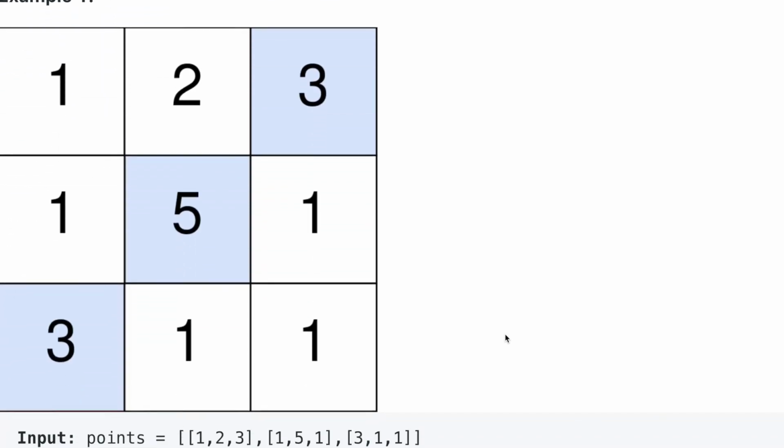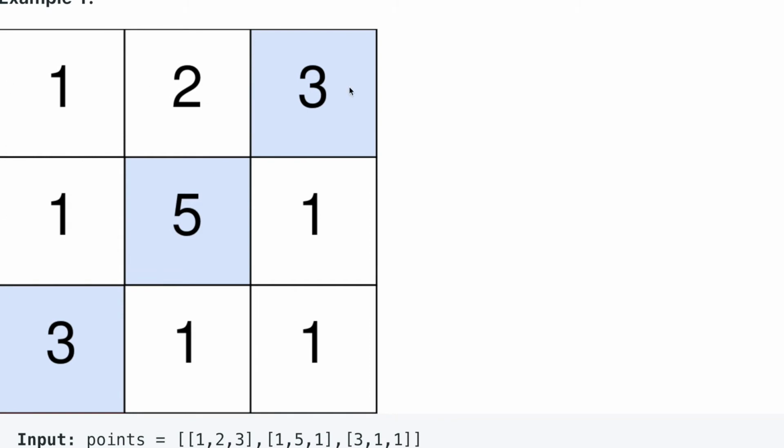So for example, if we're given this m by n matrix, we want to find the maximum number of points that we can accumulate through picking cells, one cell at each row. Now, the caveat is that if you choose a cell, for example 3 at the very beginning, because it's the largest number, and you choose a cell in the second row that is directly below it, we're going to subtract 0, because it's the same column.